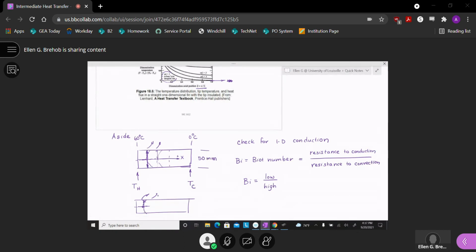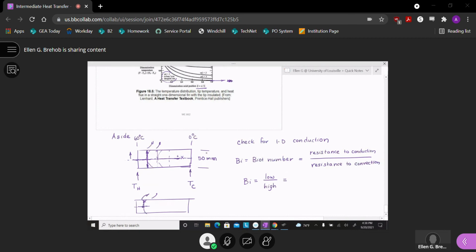through the material. And then if I look at what resistance to conduction looks like, so in my picture, this is my center line. And I'm going to pick the plate sitting down, and this is my 50 millimeter thickness. Heat moving along at most has to travel through half of the plate. So it has to conduct through half the plate.